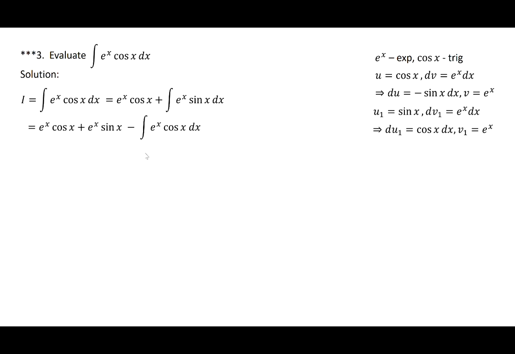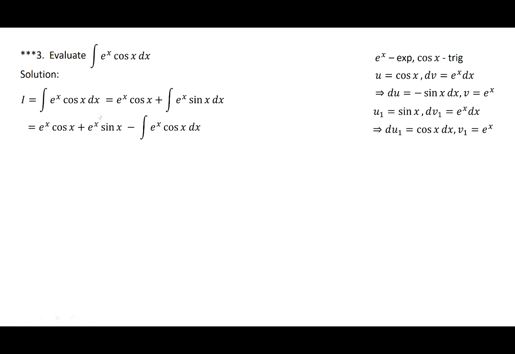Check this out. This is why this is a 3-star problem. Not only did we have to apply integration by parts twice in the same problem, but there's something else that we can do now. What are we supposed to originally find? This I. What is I?